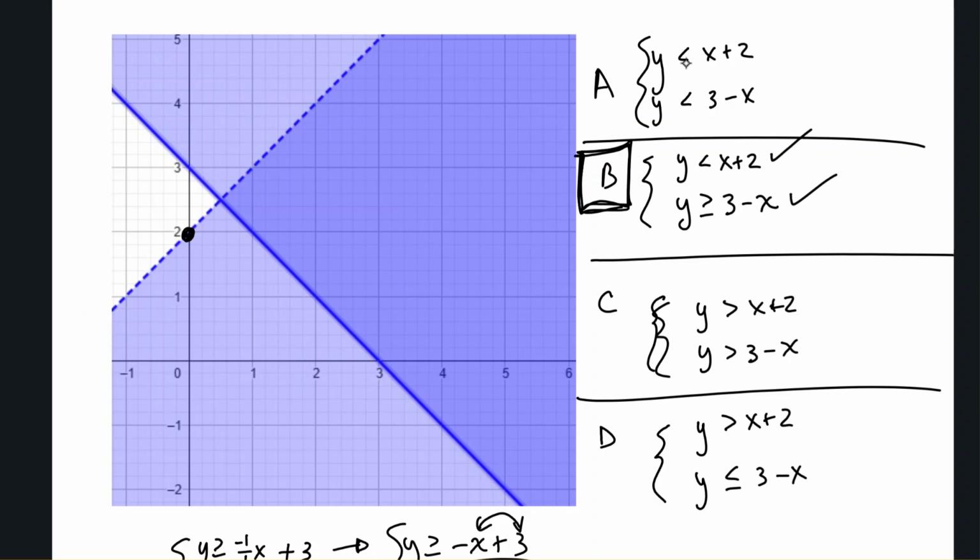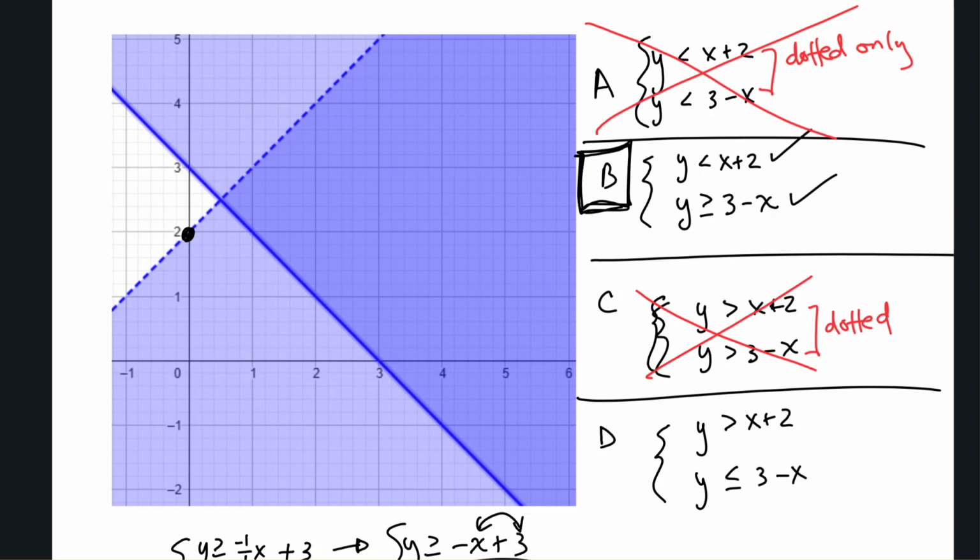So any option that doesn't have exactly one inequality with an or equal to is out. So A is out because they would have both been dotted. Same thing with C. These don't have an or equal to, so they're both dotted. So C is out, no matter what else it contains.